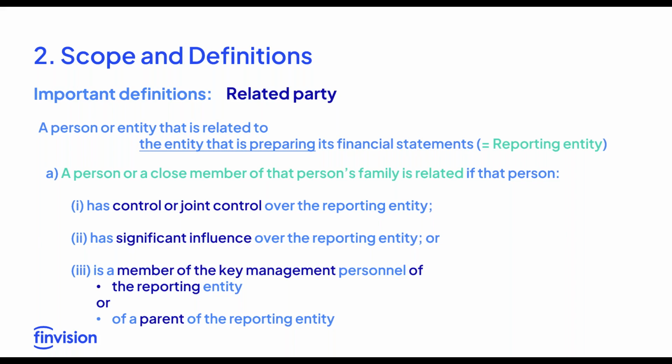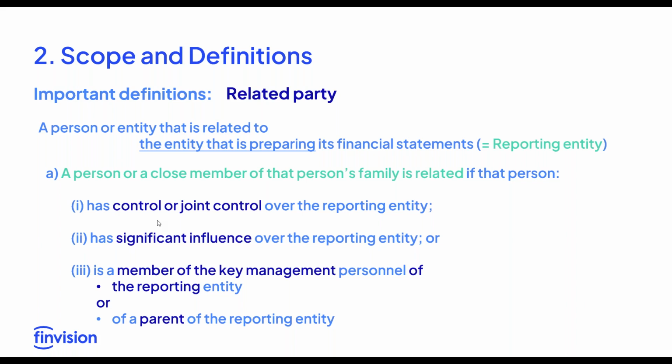What is a related party? Well, there the definition is split into two parts. We have part A, which is on this slide, and part B is on the next slide. In part A, we talk about persons. So a person, a natural person, or what we call a close family member. We will see later on what the definition is of a close family member. But if or when can a person be a related party? That is, if any of the following three conditions is fulfilled.